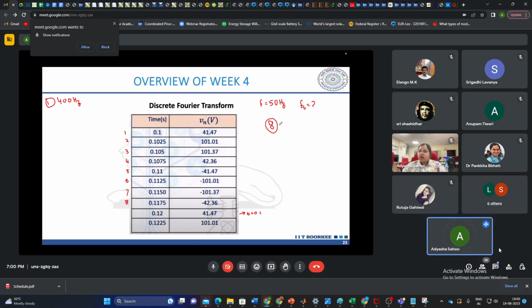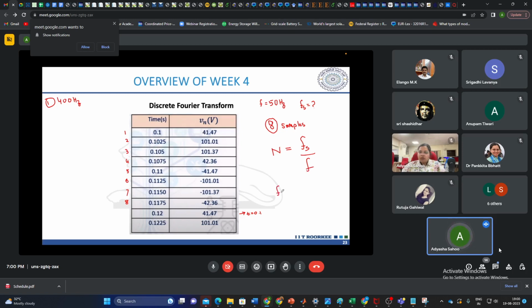So now if we have 8 samples, this number of samples will be equal to the sampling frequency divided by the fundamental frequency.